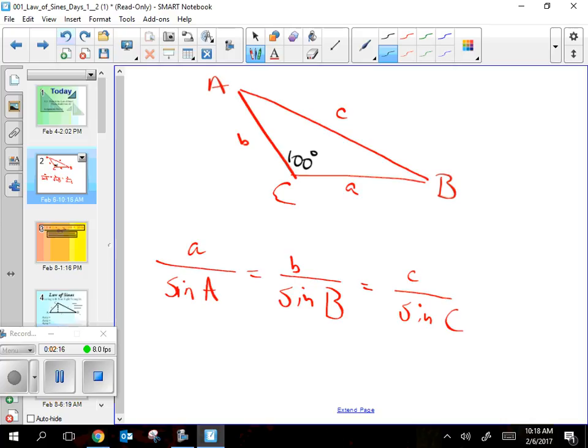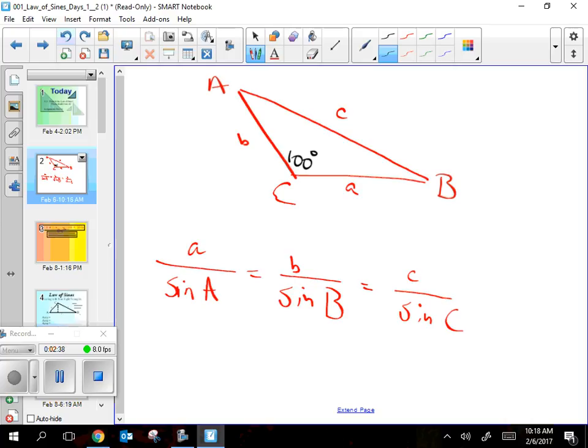If you had 91 and 91, it'd add up to 182. That's impossible, right? So the point is, if you ever have a big angle, there's only going to be one of them. You can't have two big angles in a triangle. That doesn't have anything to do with right triangles. It's just about if you have any angle bigger than 90, then it's the only one that's bigger than 90.